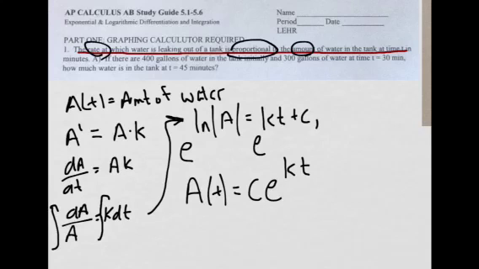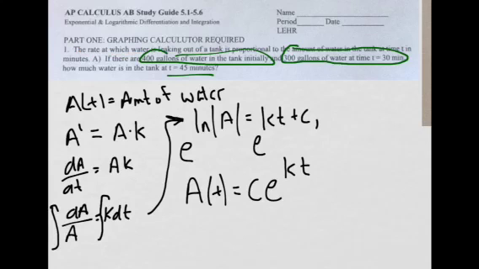The other thing that you should know is that this C right here is really the starting amount. And we can see that really easily. I'm going to work it out and show you how, but you could just jump straight to putting C equal to 400.